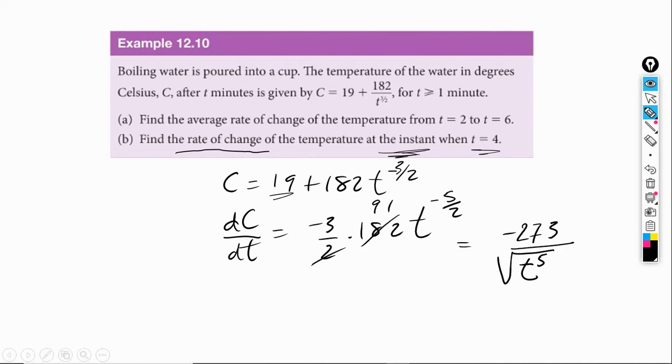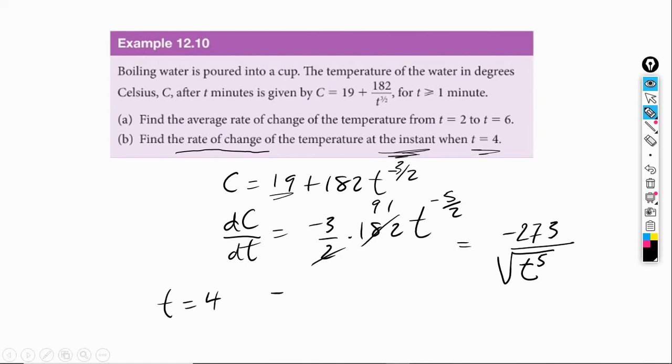This is going to be the derivative, and this is going to give us the instantaneous rate of change. So then all we have to do is find out what the instantaneous rate of change is at t equals 4. And for that, we just have to plug in 4 into the function.